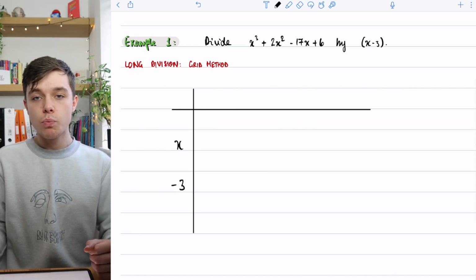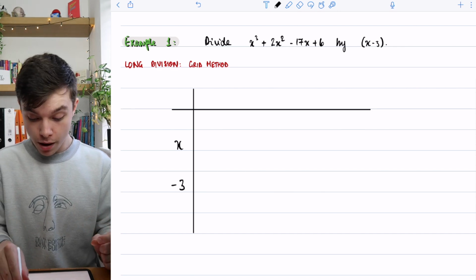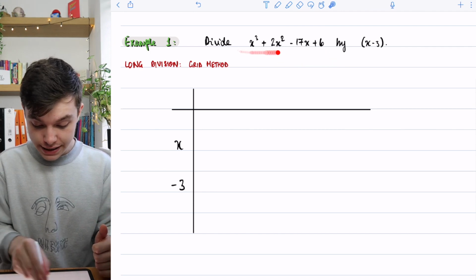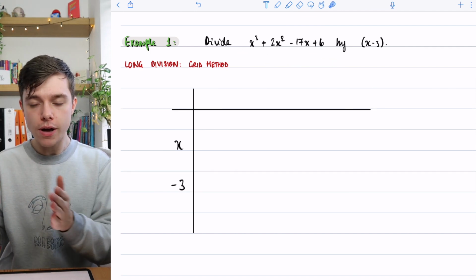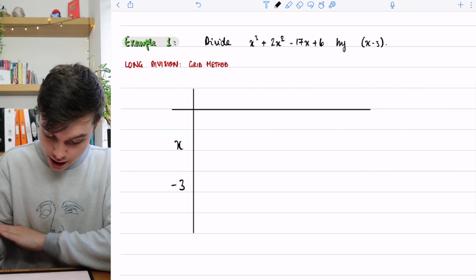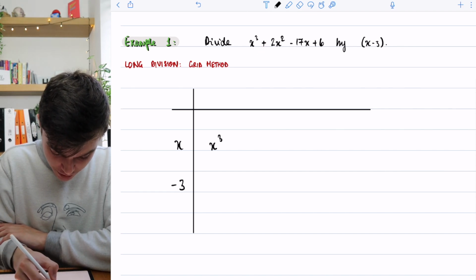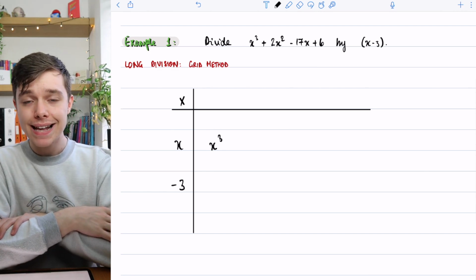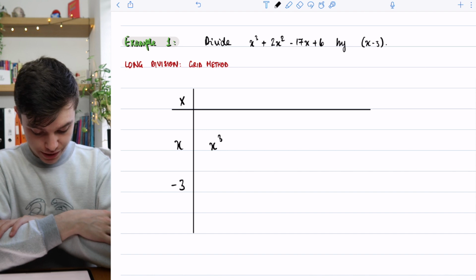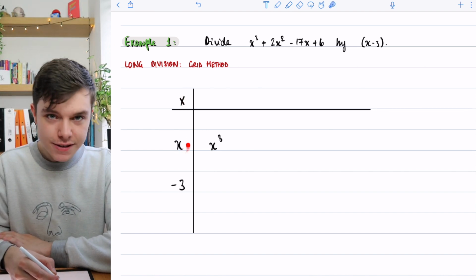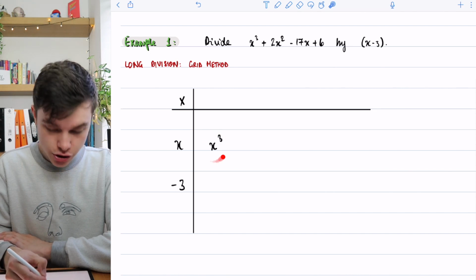Then we go term by term along what we are dividing. We're dividing this cubic, so we go term by term. We write the first term here in line with the x. If I put a little multiplication symbol there, it's like a multiplication grid. We ask, what do I need to multiply x by to give me x cubed?